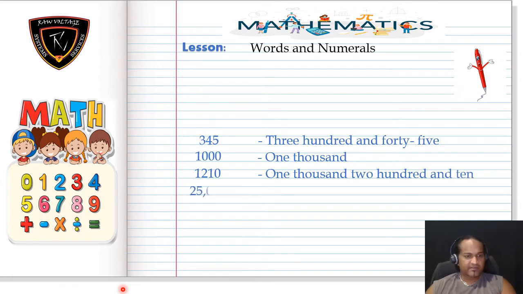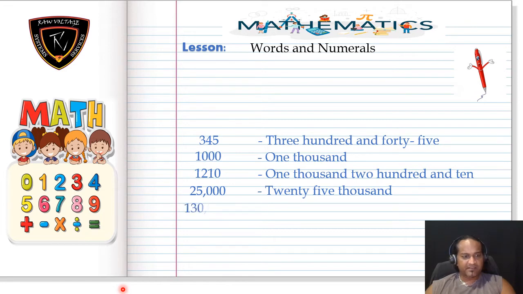Let me write another number, 25000. Who can read this number? Well, this is 25,000. If I am to write 25,000 in words, I will need to write 25,000.